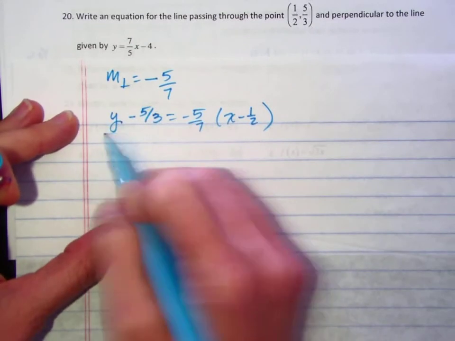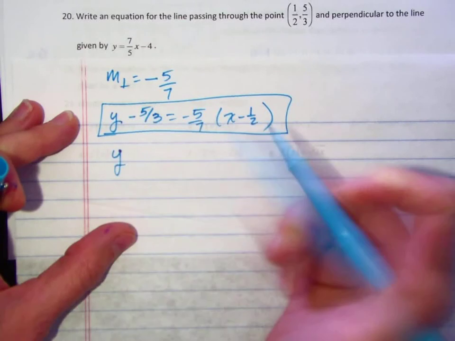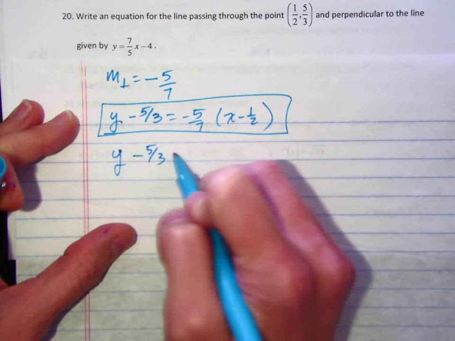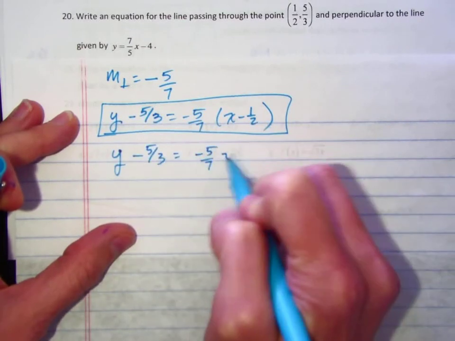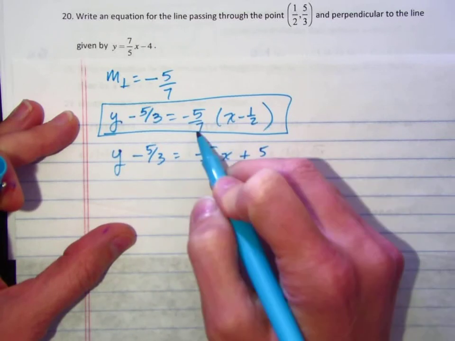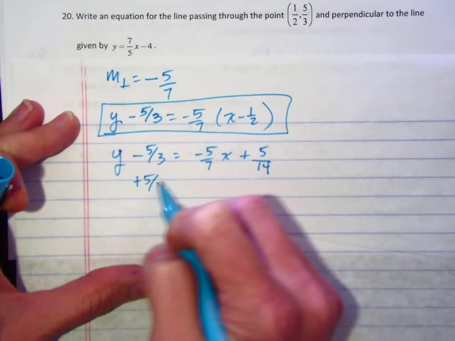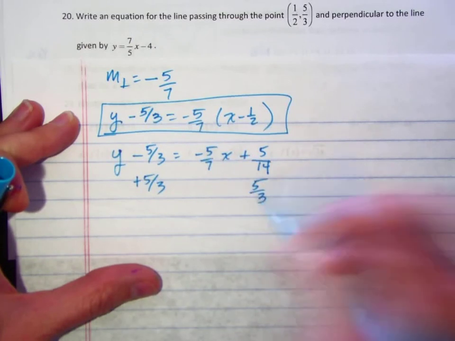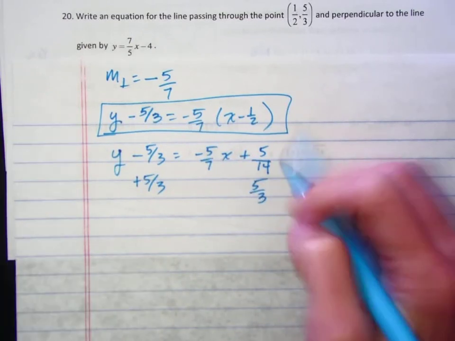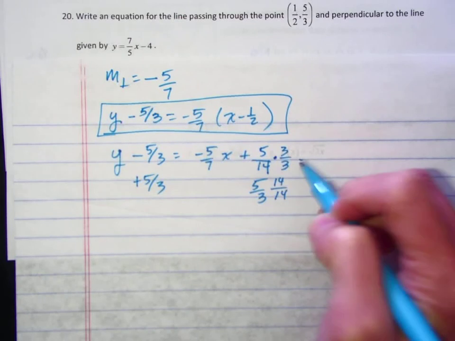So again, I would be okay with this. But if you were going to go ahead and solve, y minus 5/3 equals negative 5/7 x plus 5 times 1 is positive 5, and then 7 times 2 is over 14. So then we have to add 5/3 to both sides, and I'm going to multiply this by 3/3, this by 14/14.